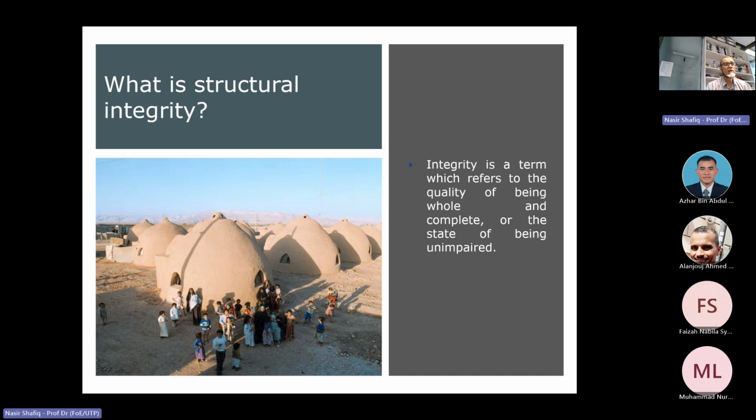Which means that integrity is a term which refers to the quality of being whole and complete, meaning to say they are not disintegrated; they are still complete and wholesome as they were at the time of design and application.